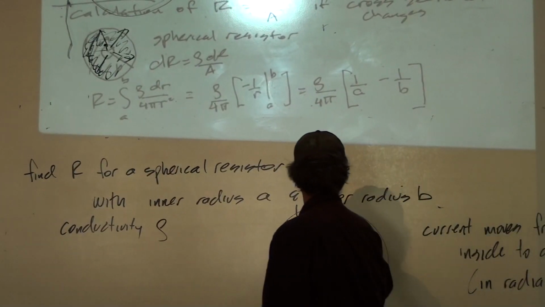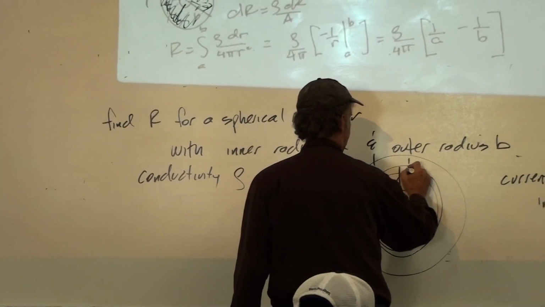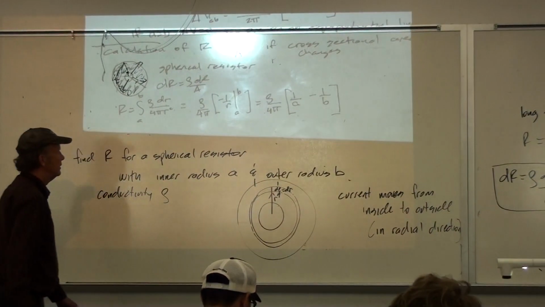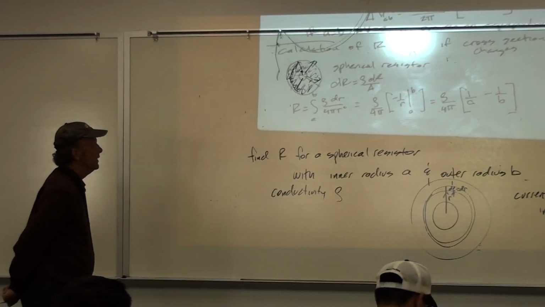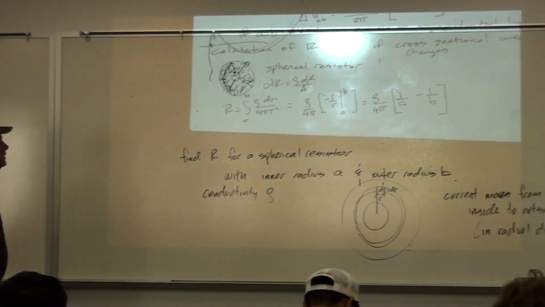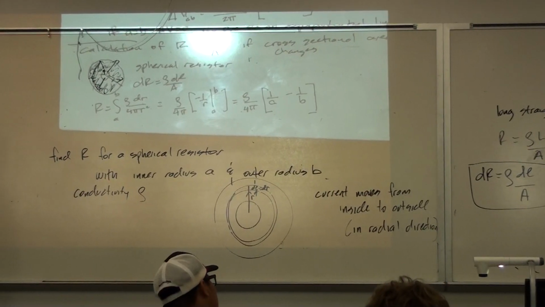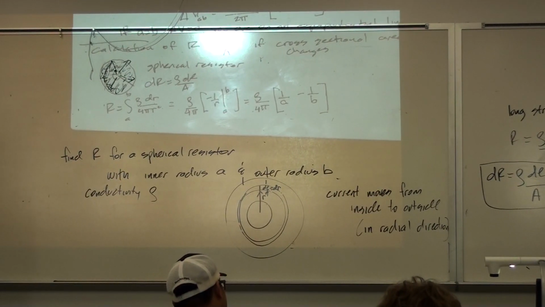So therefore, this little dl is a dr, the little element of radius of this spherical shell that has an inner radius A and outer radius B.